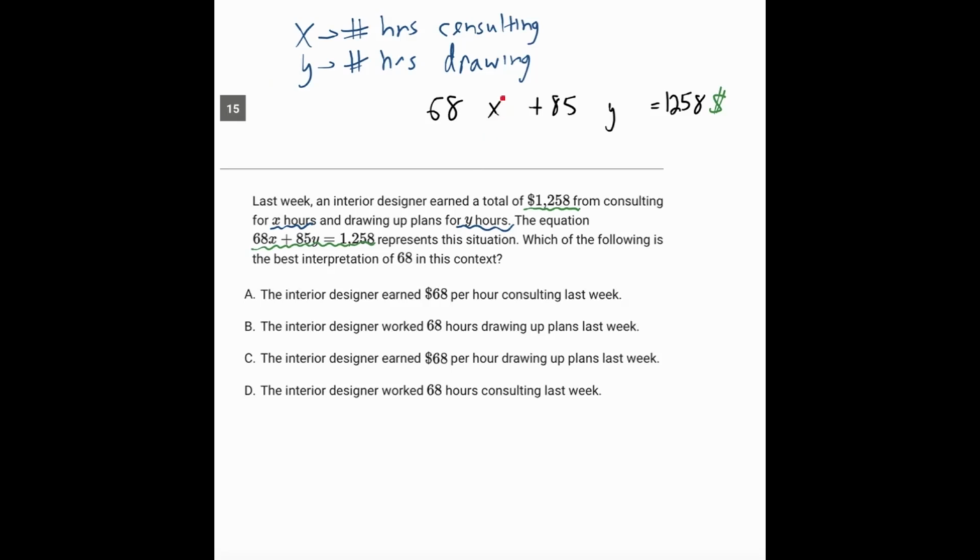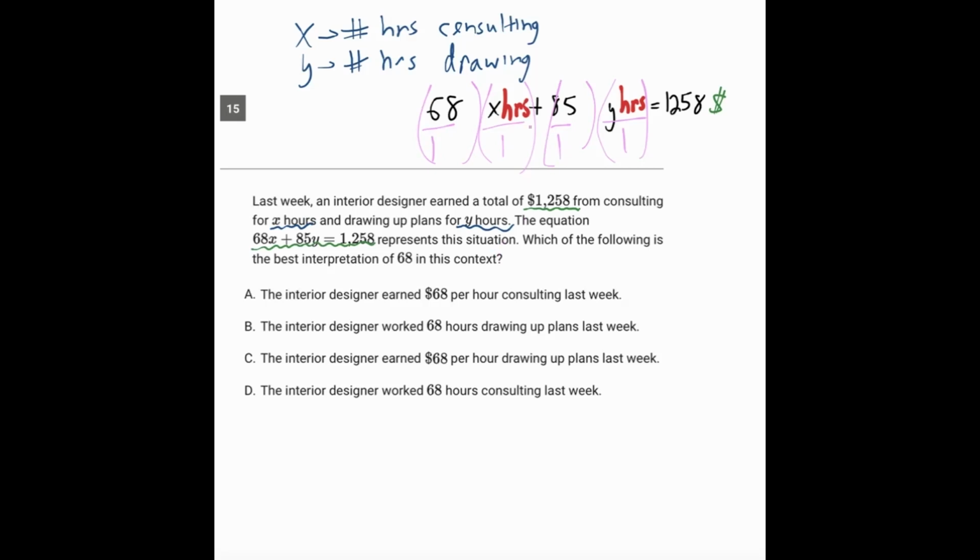If X is the number of hours and Y is also the number of hours, the difference is that X is the hours consulting and Y is the hours drawing, then we can kind of see that as a unit conversion. There's a 1 on the bottom. Any number without a fraction is really a 1 on the bottom. And same thing for the 68 and the 85.